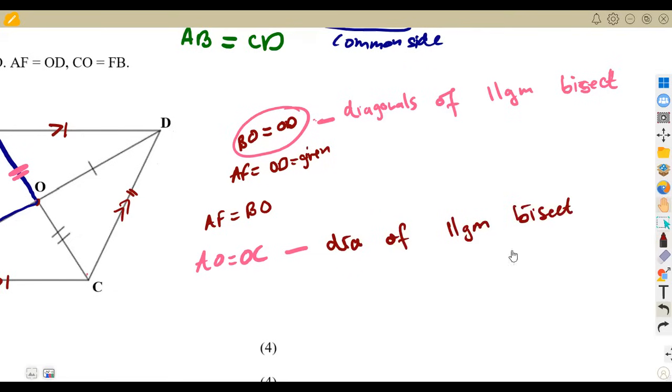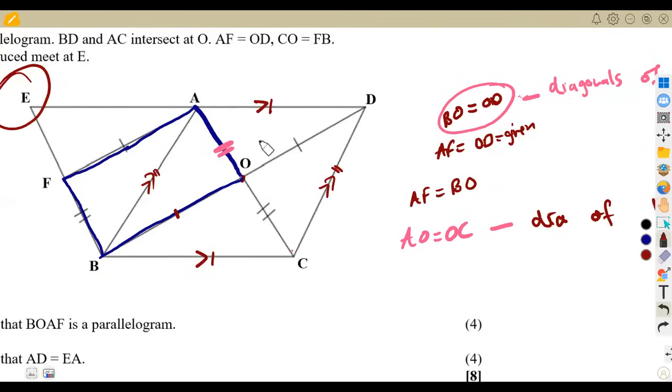So if they do bisect, it means automatically AO, because before here we are given that FB is equal to OC. So if we are given this, automatically it means OC is going to be equal to FB, because AO is equal to OC.